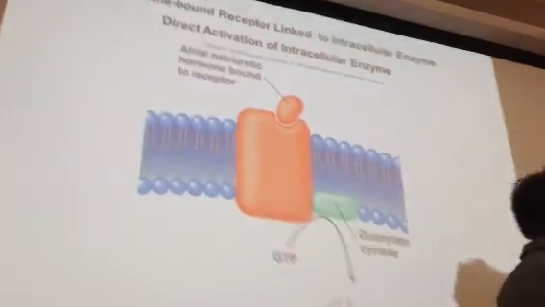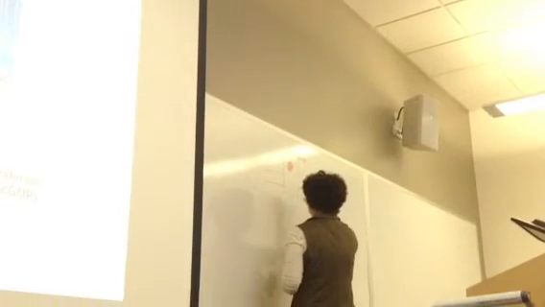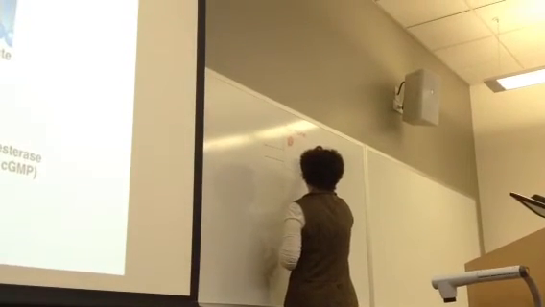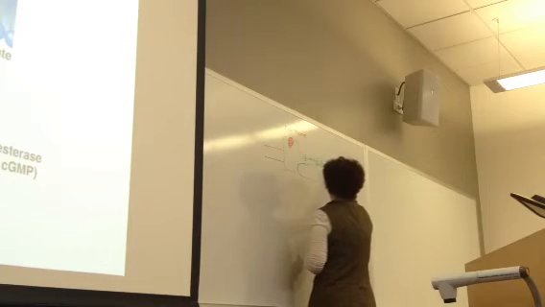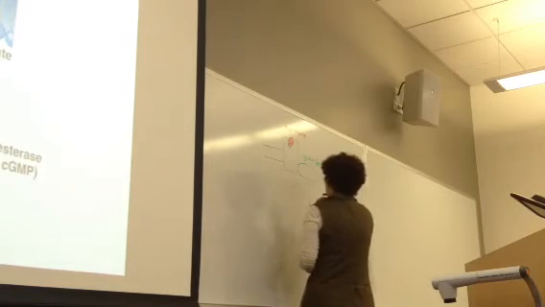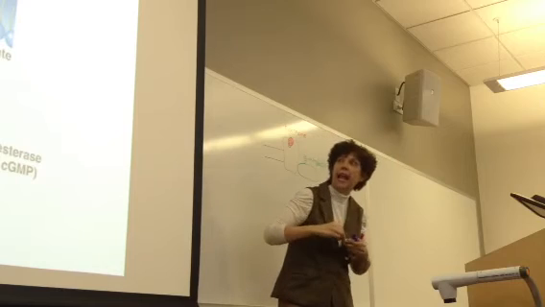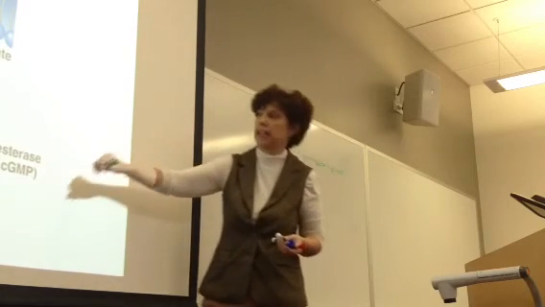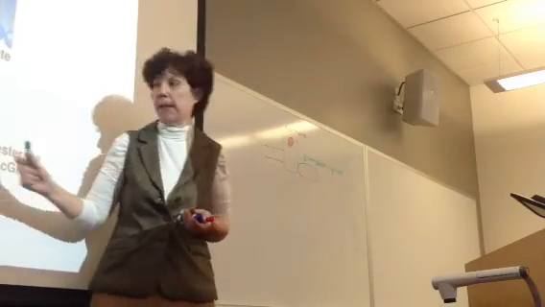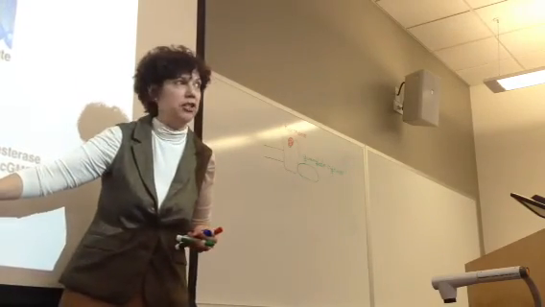And then the enzyme guanylate cyclase will interact with the receptor. And notice some similarities. This is not my picture, but it should have cyclic GMP right here.